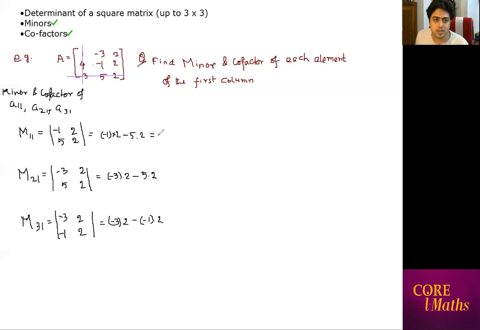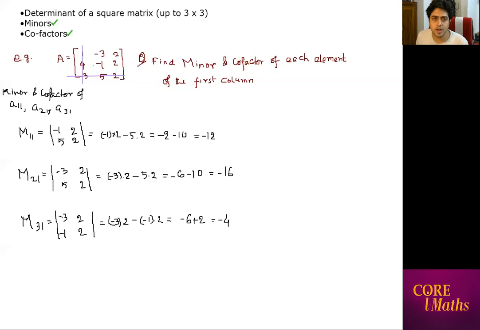First case the value is -2 -10, then -6 -10, then -6 plus of 2, because minus and minus will be plus. -12, -16 and -4.